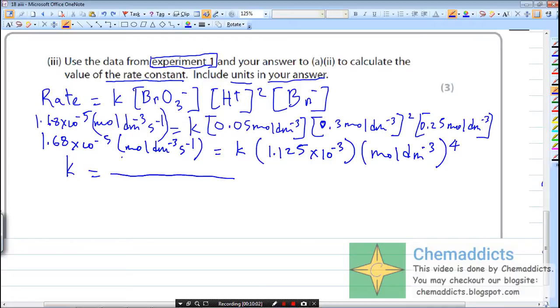Then we get 1.68 into 10 to the power minus 5 mole per dm cube per second, divided by 1.125 into 10 to the power minus 3 mole per dm cube to the power 4. This is 5, not 3.